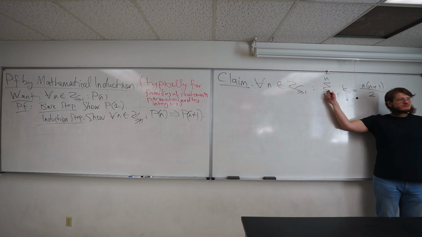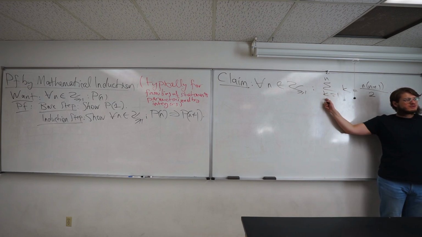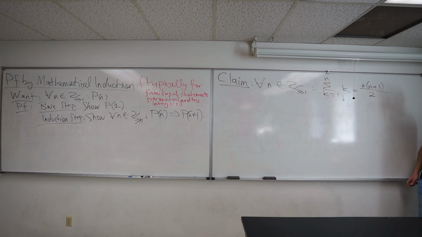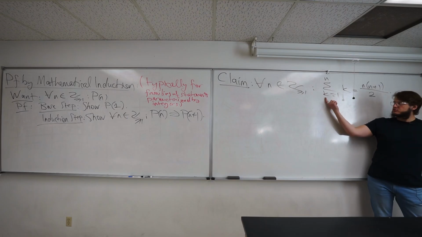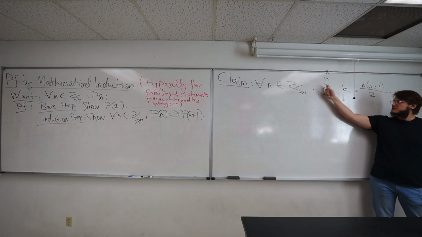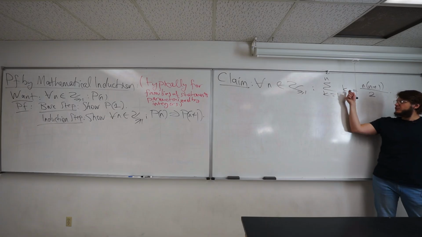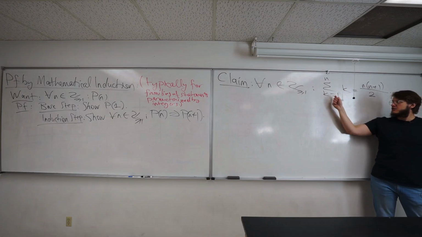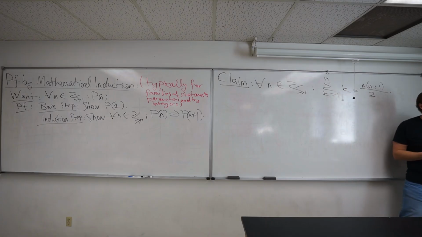How many of you have seen this notation before? Okay, pretty much all of you. For those of you who haven't seen this, this is basically a for loop, and this is a summation. The left-hand side is the sum of all k's, where k goes from 1 to n.